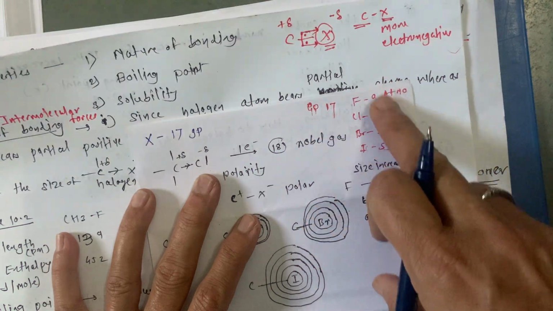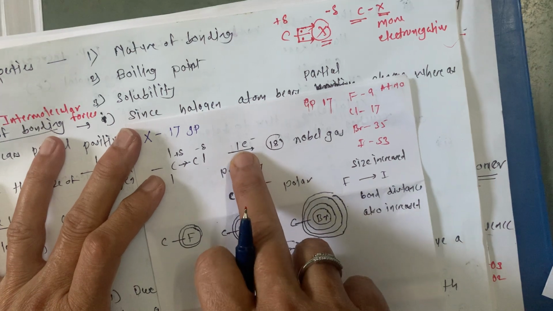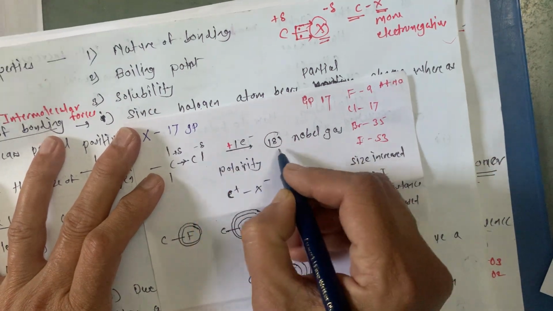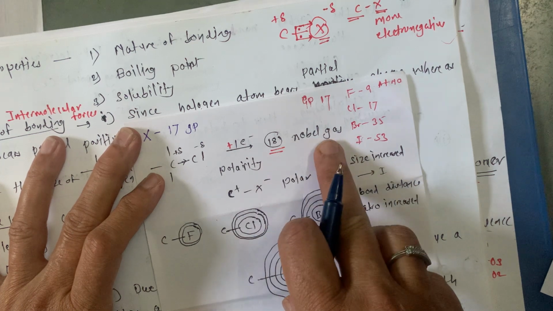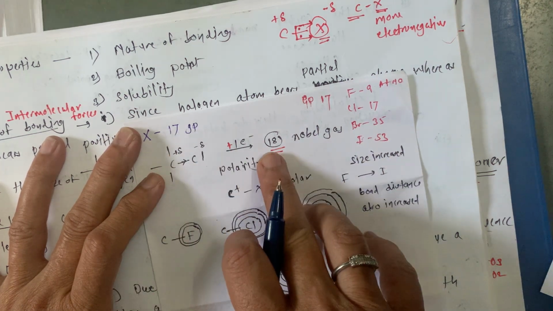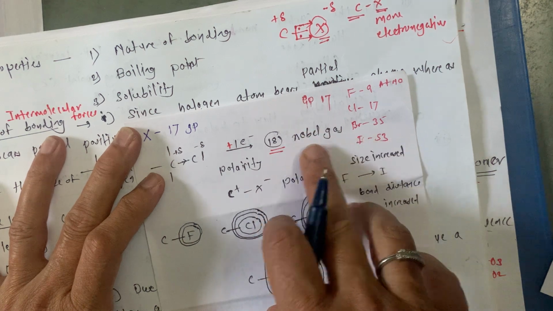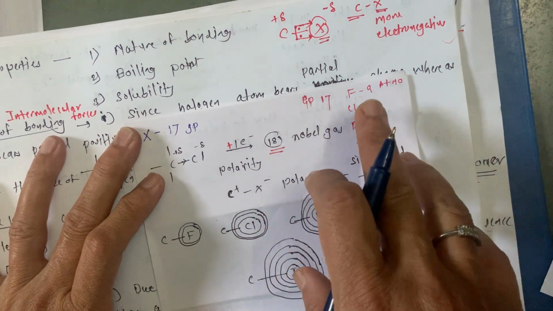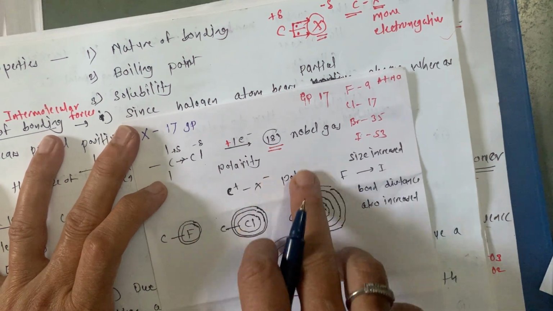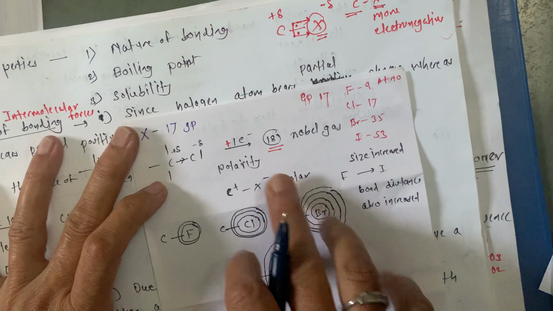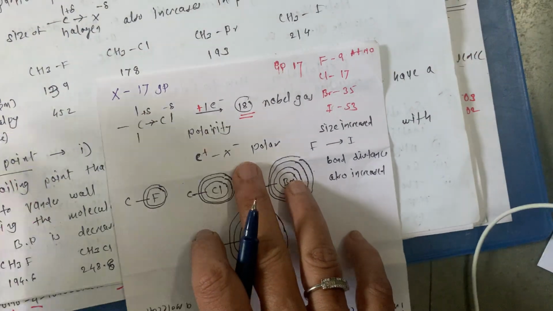They are all elements of group 17. If they acquire one electron each, they are converted to the group 18 configuration, that is the noble gas group. We know that neon, krypton, argon are all from the noble gas group, so they are more stable. And here this is a polar bond. Why is this so? Because this depends upon the size of the halogen.